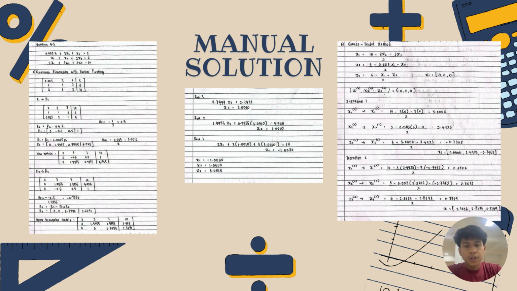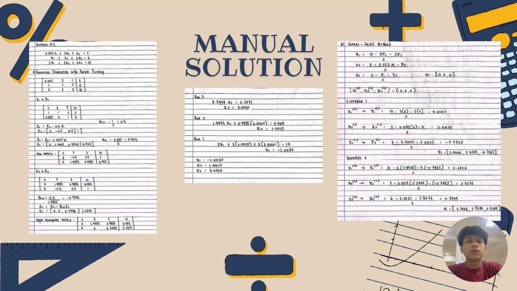Through row operations, we eliminate the elements below the pivots, resulting in this upper triangular matrix. Using back substitution, starting from the bottom row, we successfully find our solution.